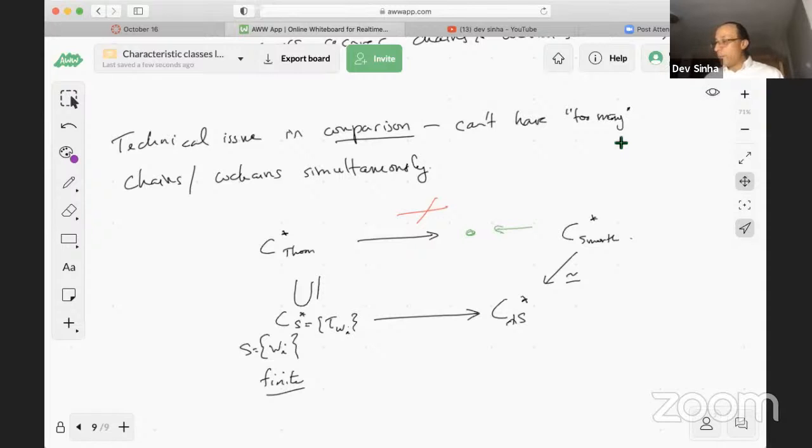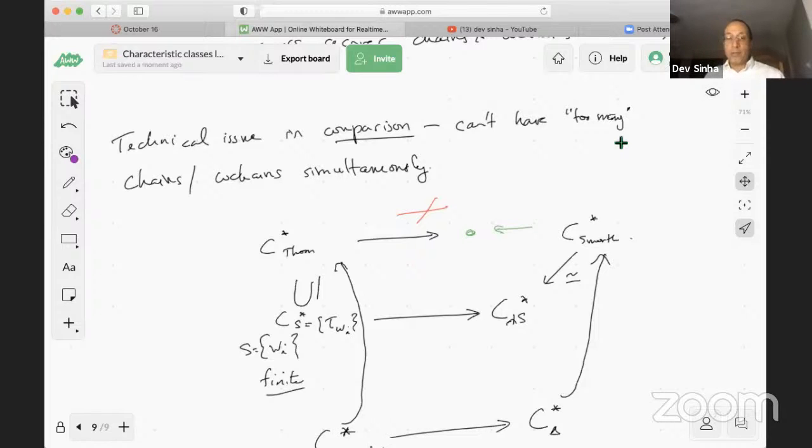Or I can do the same with the right. Instead of all singular chains, this is much more familiar, I pick some sort of simplicial complex structure. An application I'm working on now would be cubical, but it's certainly the same spirit. And then within the tome cochains, I can look at the ones which are transverse to the cubical structure.